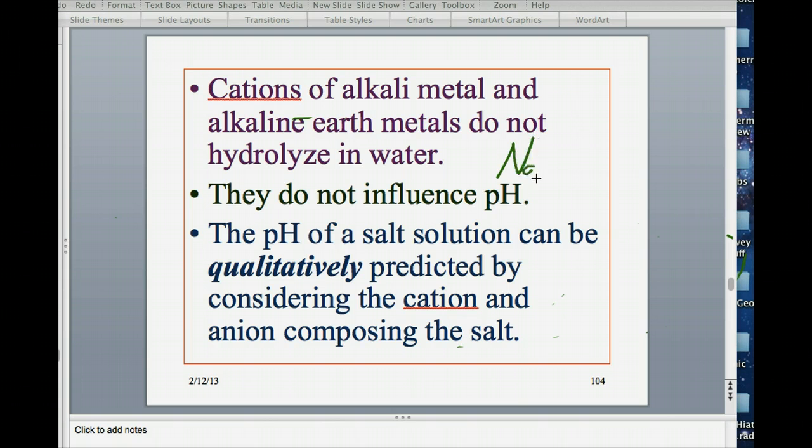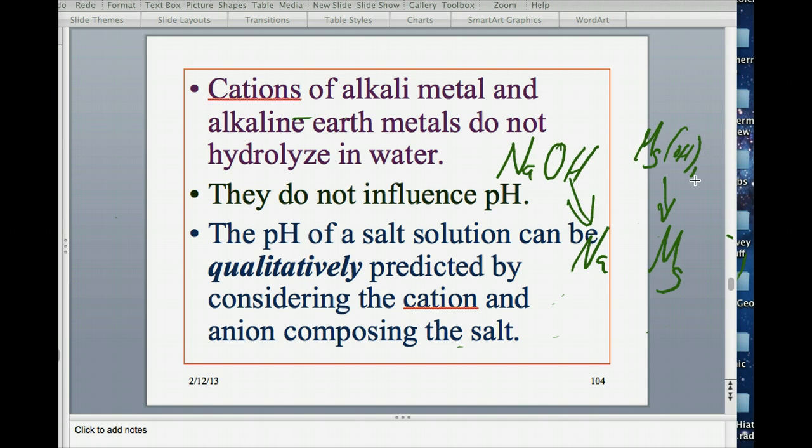Because they come from strongs. Na would come from NaOH. If you had something like magnesium, it would come from Mg(OH)2. So we're back to this a little bit. We can predict the overall acid-base character based on the strength of the conjugates.